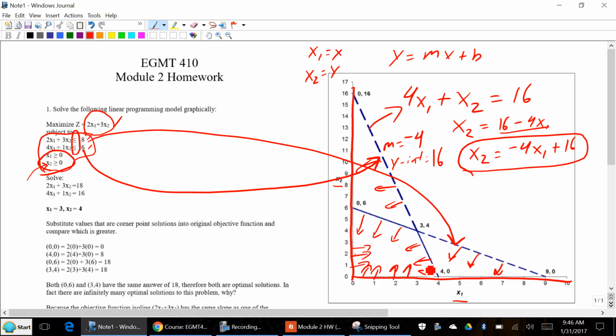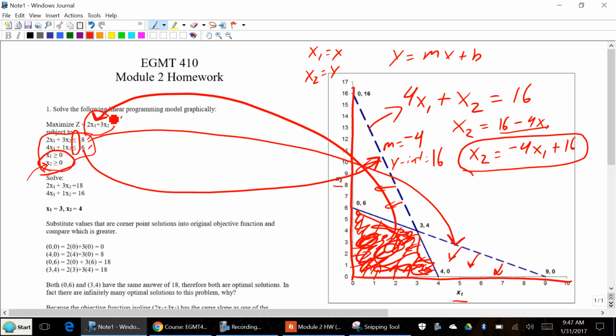So we're essentially searching this region right here for the point. Then when we pick a point in this region, and we plug it back into this equation right here, that value is going to be maximized. Okay?